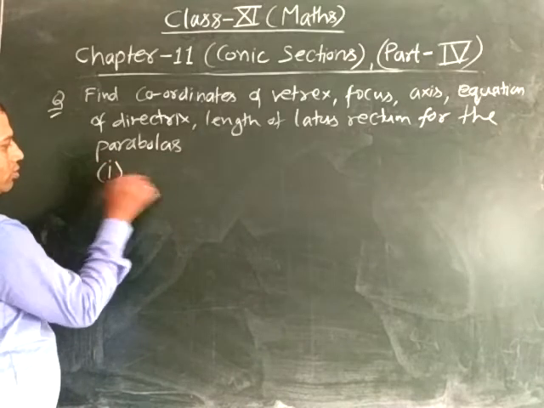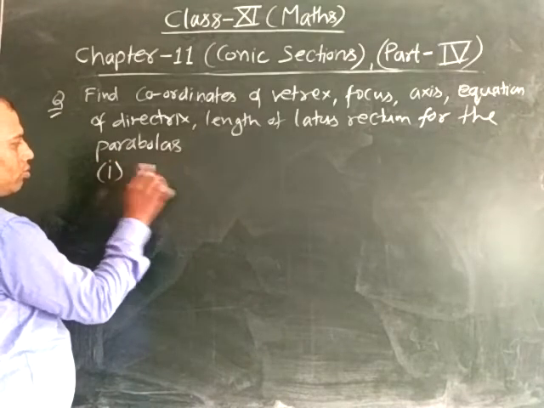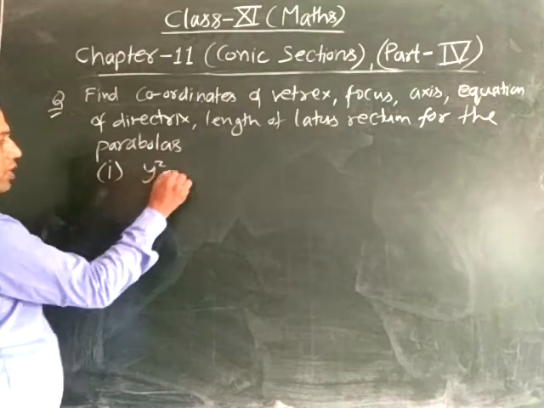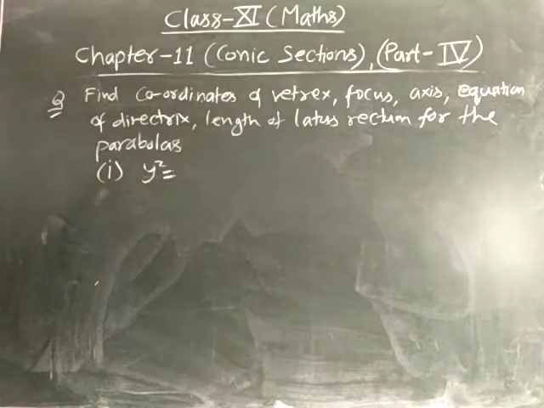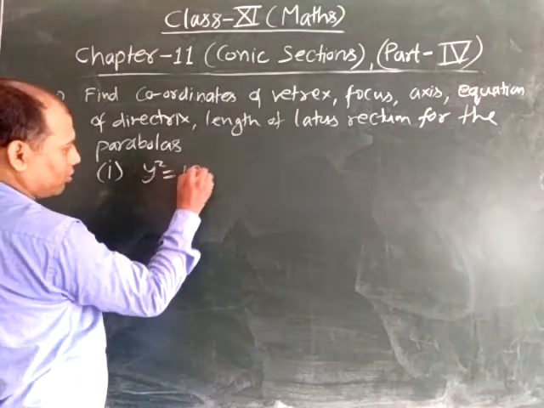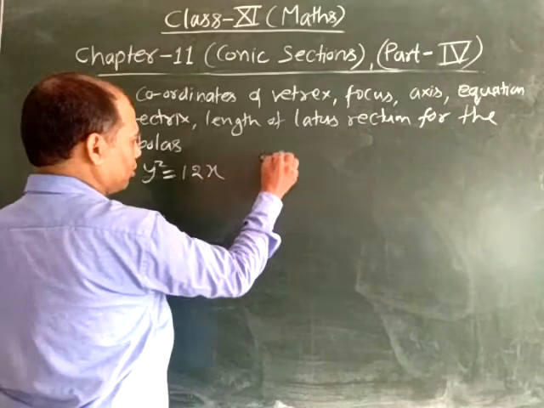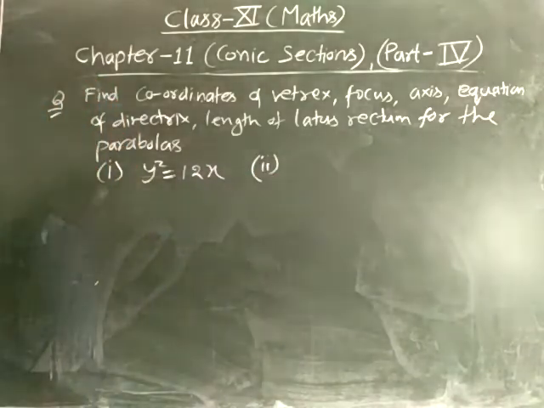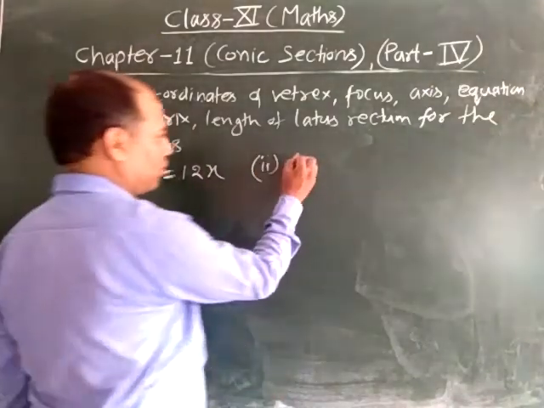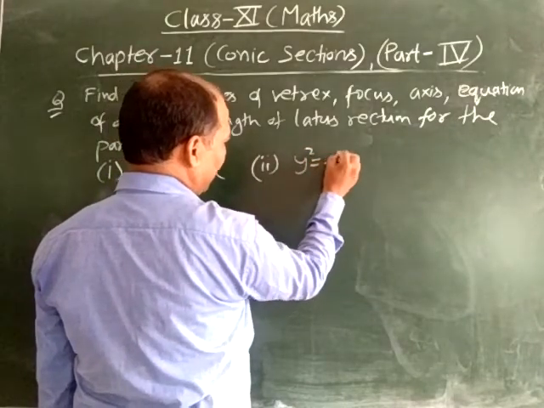First one is y square is equal to 12x. Second one is y square is equal to minus 16x.